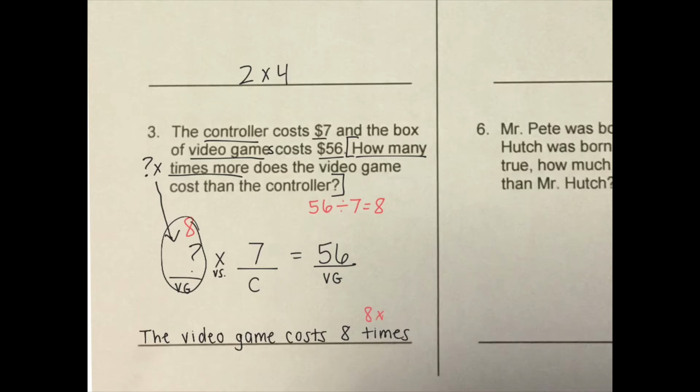I'm fine with that too, either way. 8 times more than the controller. Check to make sure your answer is reasonable. It does make sense that the video game would be 8 times more, and I can double check on my calculator if I want.